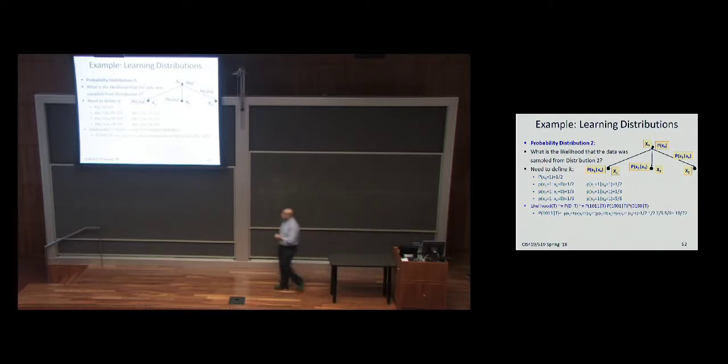So P of 1011 given this 3 is, remember, what is this 3? This 3 is defined as this distribution. So how do I write the probability of this point? It's P of x4 times P of x1 given x4, P of x2 given x4, P of x3 given x4. This is really a naive Bayes distribution, right? So you know that.